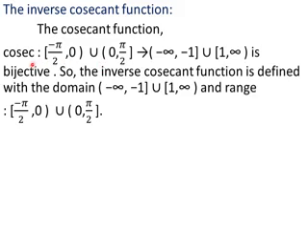So the cosecant function is defined from the semi-closed open interval minus pi by 2 comma 0 union the semi-open closed interval 0 comma pi by 2 to minus infinity comma minus 1 union 1 comma infinity. So since this is the domain and range of the cosecant function, for the cosecant inverse function, this will be the domain and this interval will be the range.